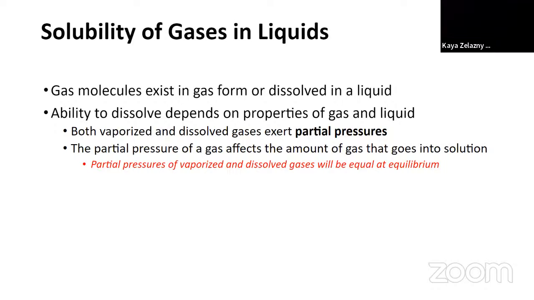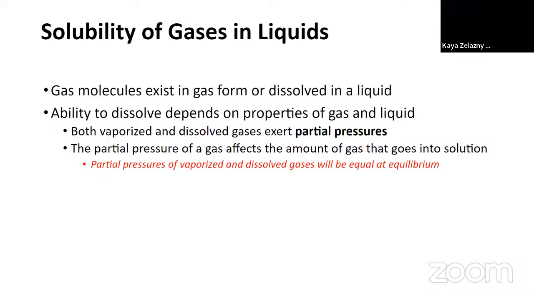So the other thing we need to pay attention to, other than the pressure of gas, which is kind of an indirect measure of its amount because of that percentage piece, so we need to take into account the fact that different gases are going to have an easier time dissolving into a liquid. So they have different solubility.